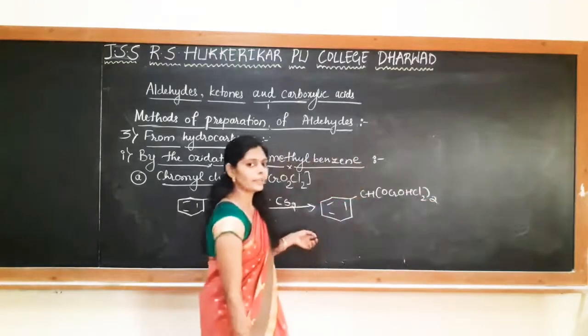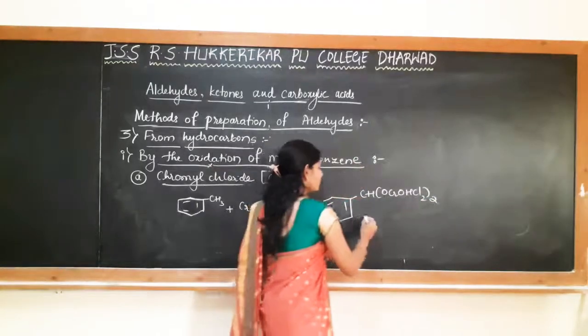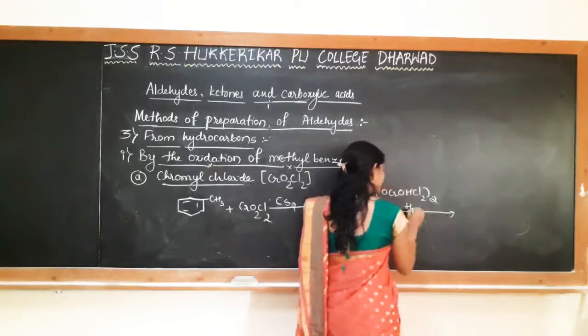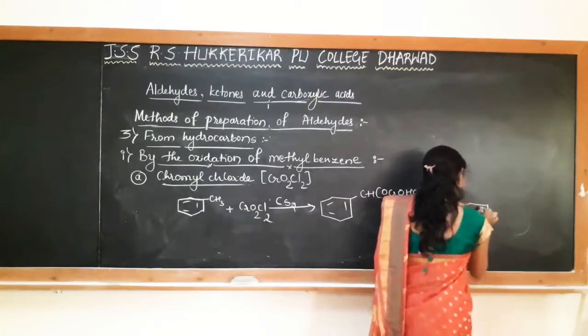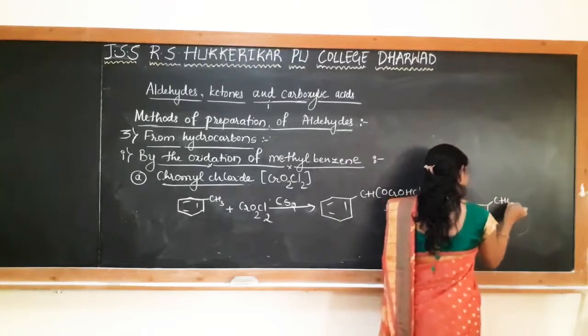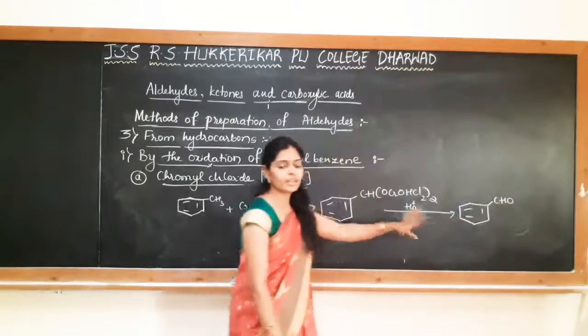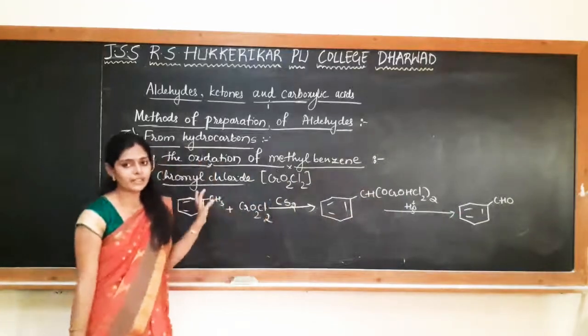This kind of complex intermediate is formed, which on further acid hydrolysis results in the formation of benzaldehyde. Okay, so this on hydrolysis results in the formation of benzaldehyde.